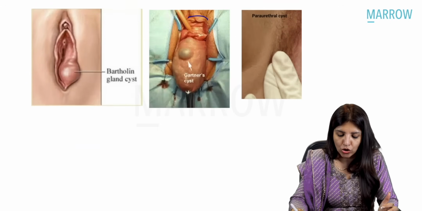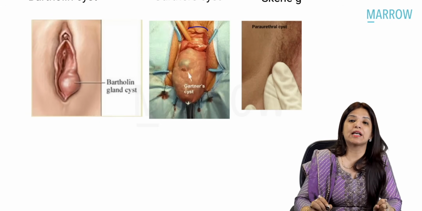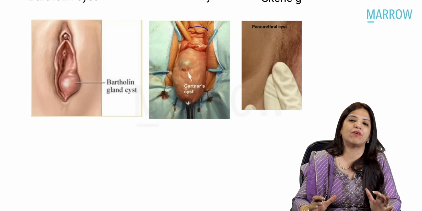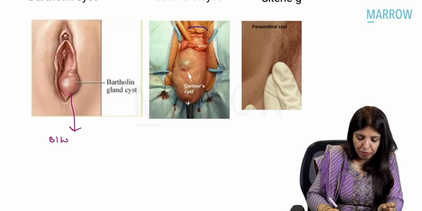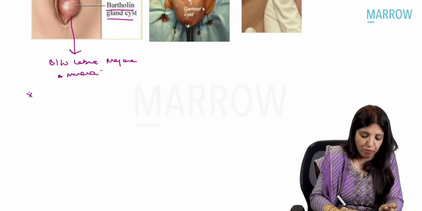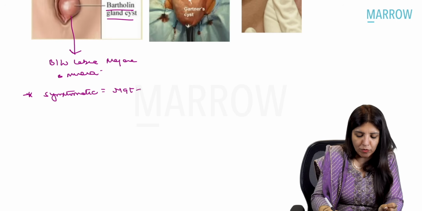Then I want all of you to look at these cysts over here. These are the three cysts which can be confusing to you. They are present in the vulva and vagina. If you see a cyst which is present between labia majora and minora, that means you are looking at a Bartholin gland cyst. Please remember, if a Bartholin gland cyst is symptomatic, then its management is incision and drainage.